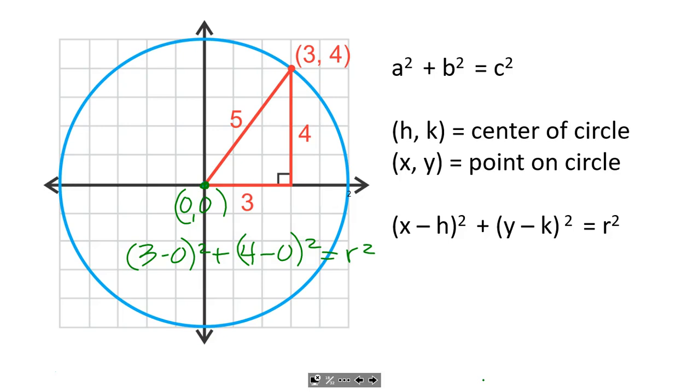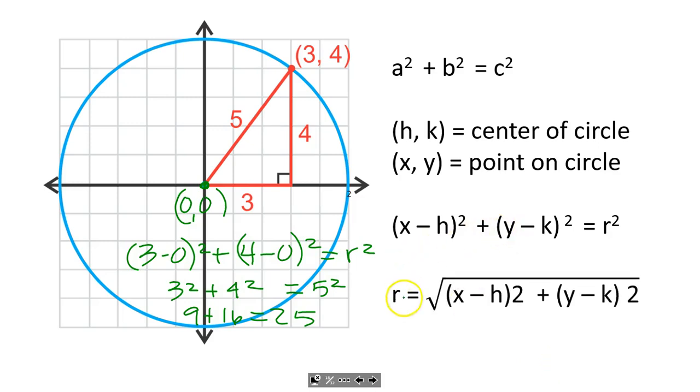That's going to be 3 squared plus 4 squared. That's 9 plus 16, that's 25, right? Well, guess what? That's exactly what my radius is, because r squared would be 5 squared, and 5 squared is 25. So that's how we get the equation of a circle.